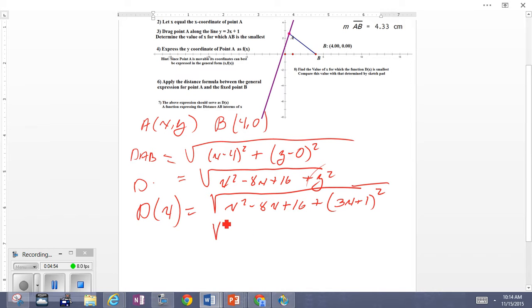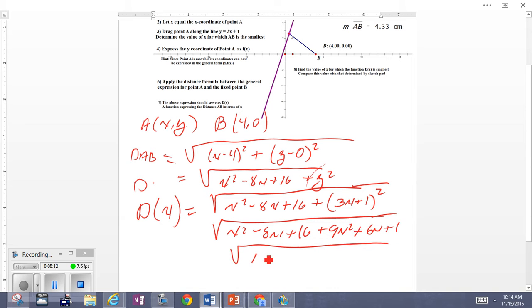Cleaning that up: x squared minus 8x plus 16 plus 9x squared plus 6x plus 1. Combining like terms, 10x squared minus 2x plus 17, under the radical, is our distance as a function of x.